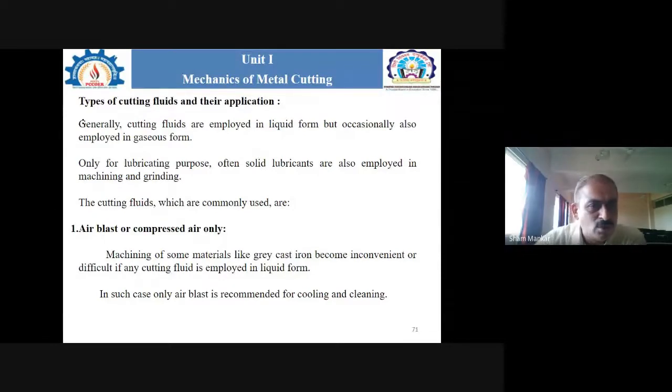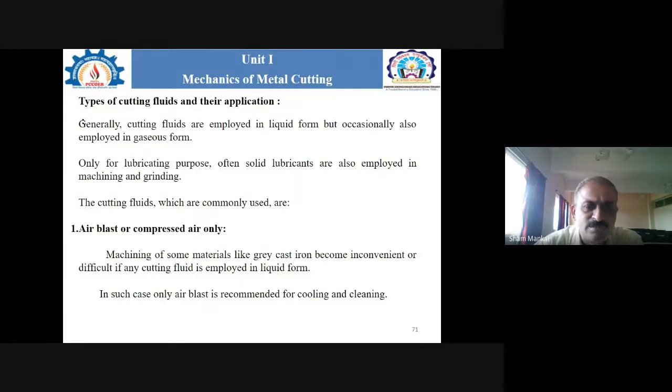Thank you. So this is the category, or we can say the classification, of the cutting fluid. At the same time, we must also know the application. When we are considering this particular cutting fluid, it is normally used as an air blast or compressed air only.